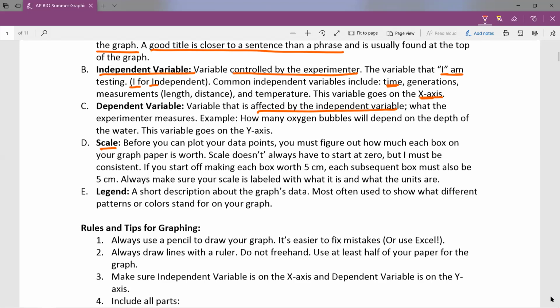Scale. Now, scale is tricky. When you did geometry, the scale was just 0, 1, 2, 3, 4, 5. But in a scientific scale graph, you may have 1 to 5 minutes on your independent variable, and you may have 0 to 1,000 on your dependent variable.